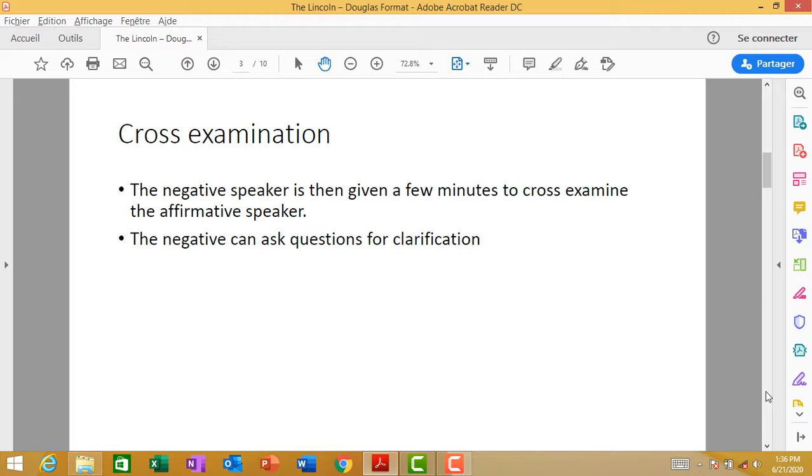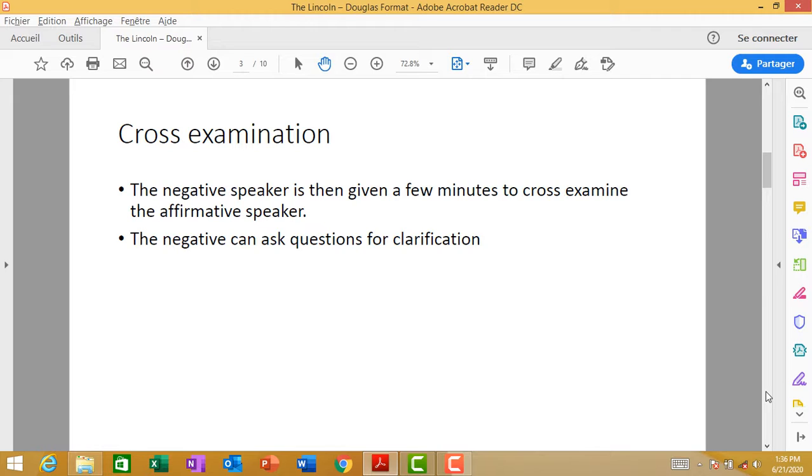And then this is the difference from the parliamentary debate format. We have something called cross-examination. If you remember in the other type of debate that we looked at, there were points of objection, but these occurred during the actual speech.